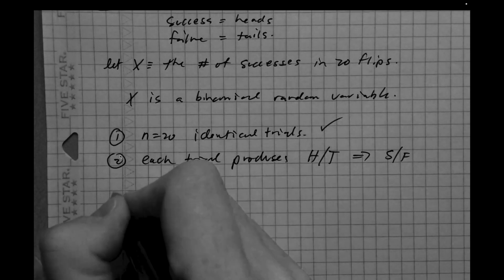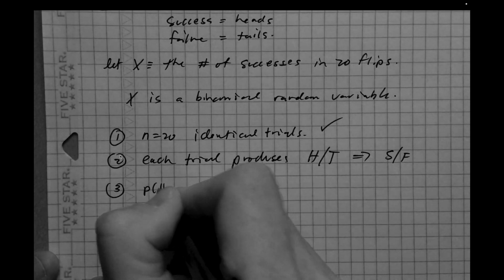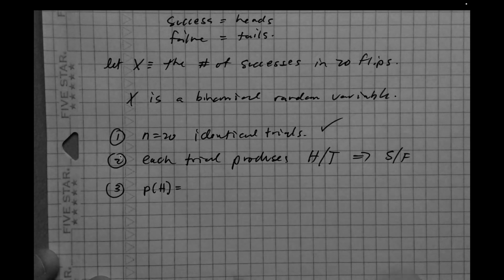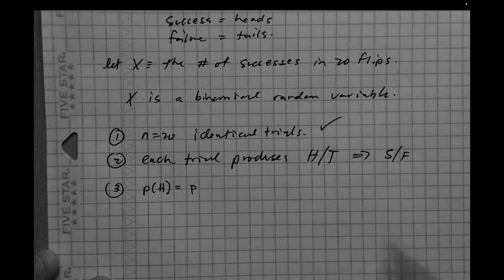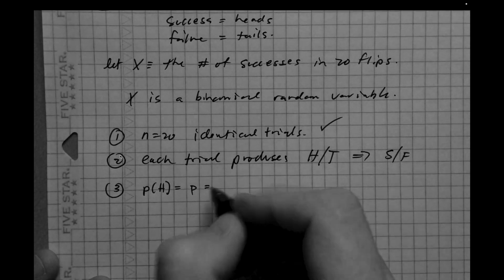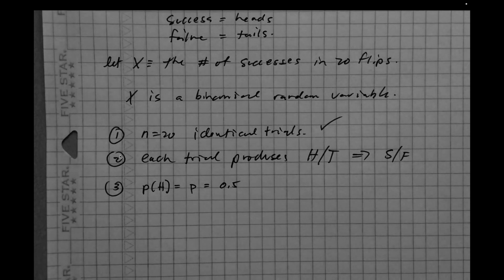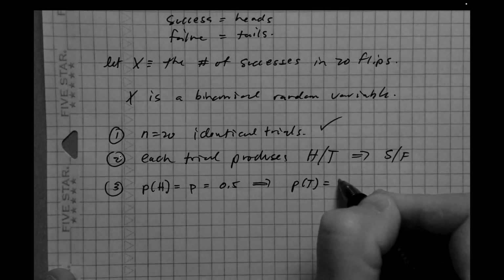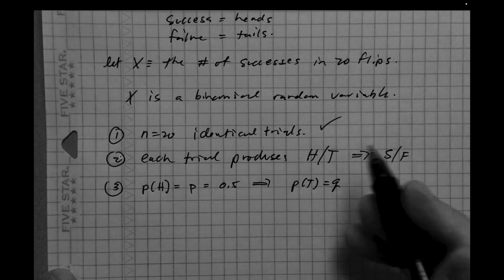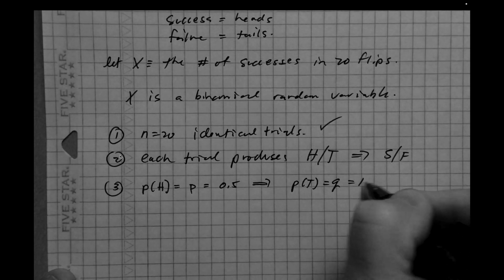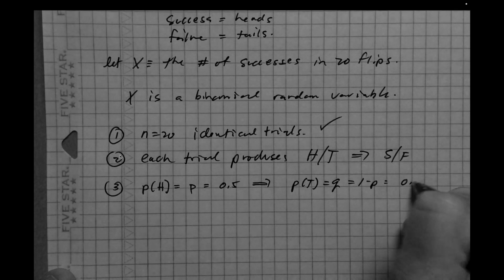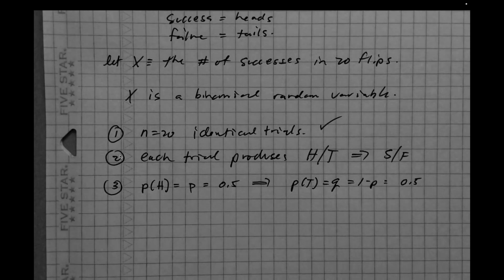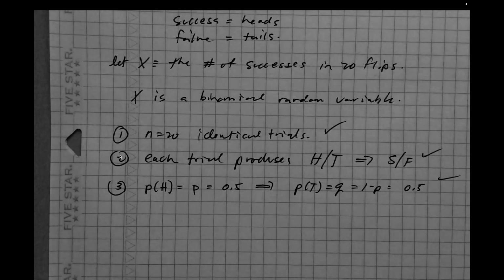Well, the probability of a heads is equal to the success probability, which in the case of flipping a coin is 0.5. And so that means that the probability of a tails, which we would denote as q, the failure probability, is 1 minus p, which is also 50%. So check, we've got that one.